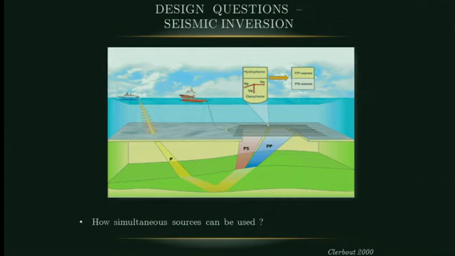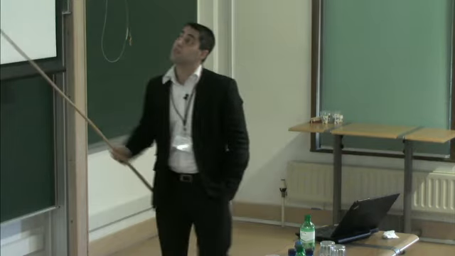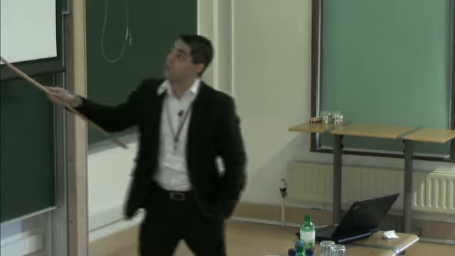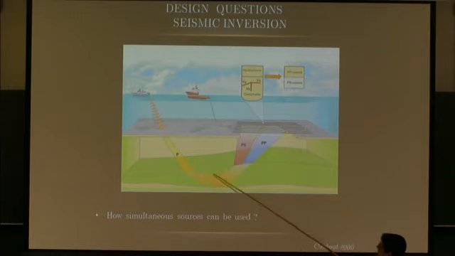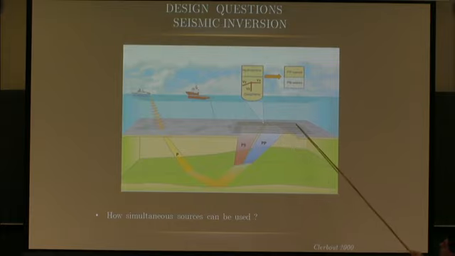One of the hottest topics in seismic inversion is called combined sources or simultaneous sources. So in seismic inversion, you typically have this boat, and it sends some pressure waves into the ocean floor. These interact with matter essentially, and then we have another boat that carries those hydrophones, and we record the response of the subsurface.